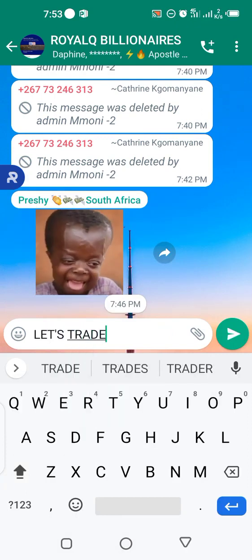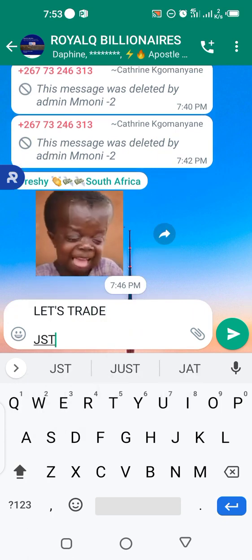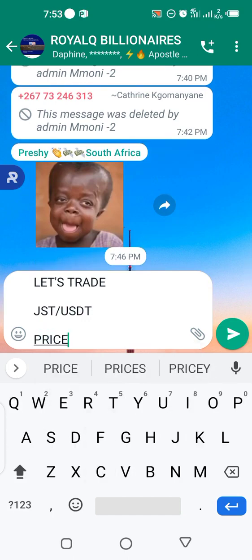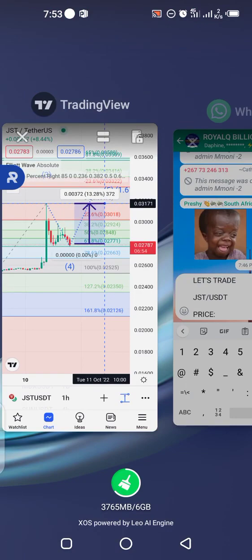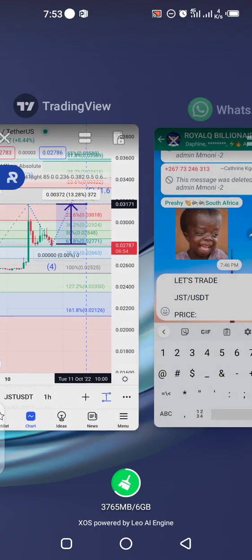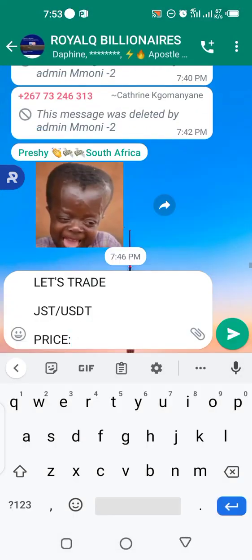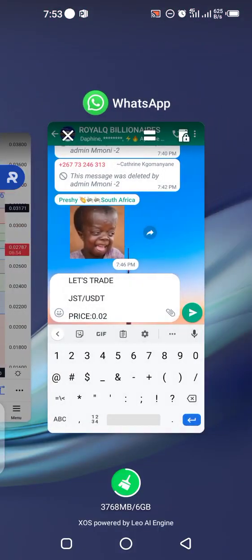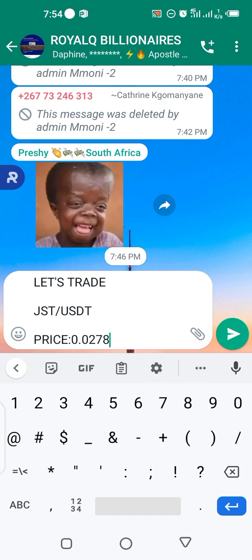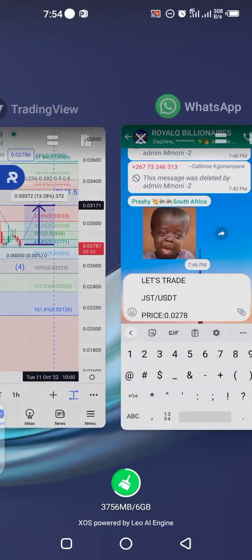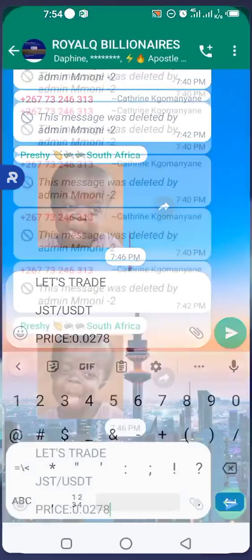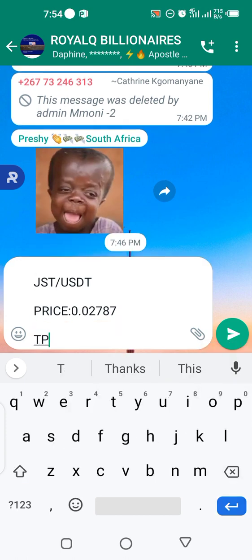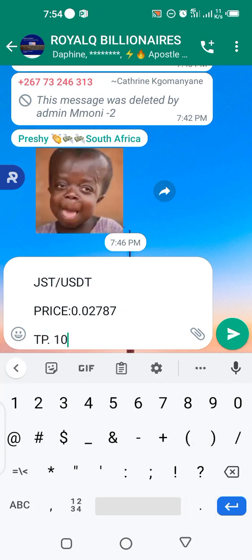Let's trade, and the name of the signal is JST USDT, and then the price is 0.02078, then take profit 10%.